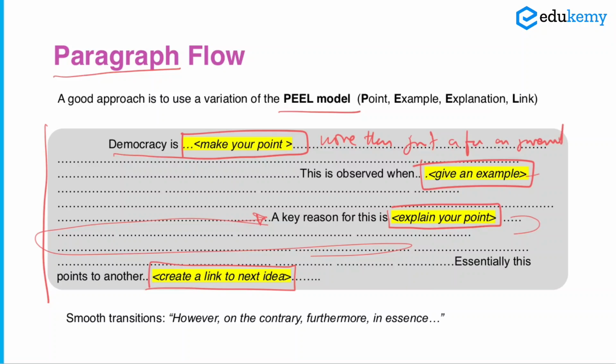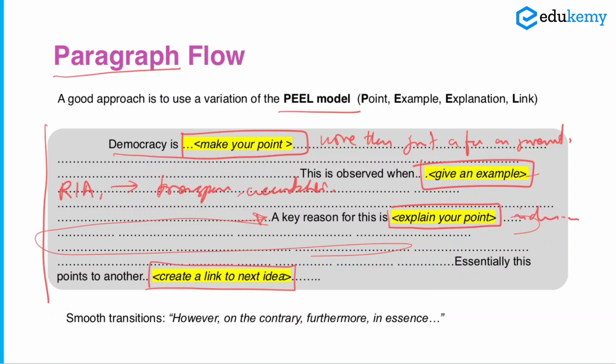Okay, so we are describing democracy, and for the example, we can say that, for instance, the Right to Information Act gives citizens the ability to request information, and therefore talks about transparency and accountability.